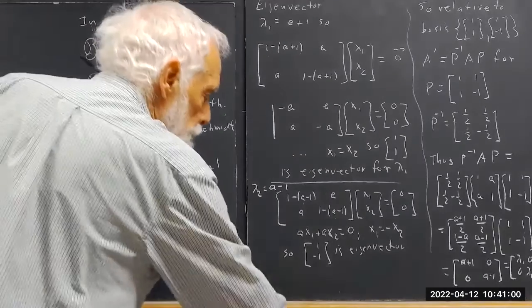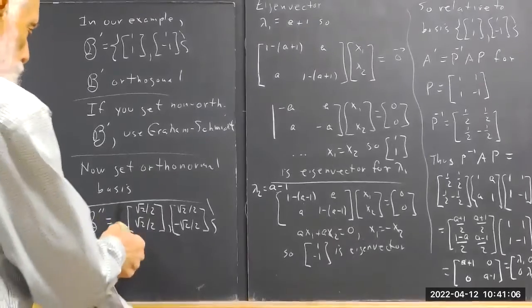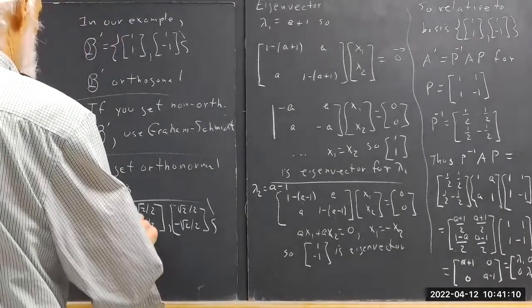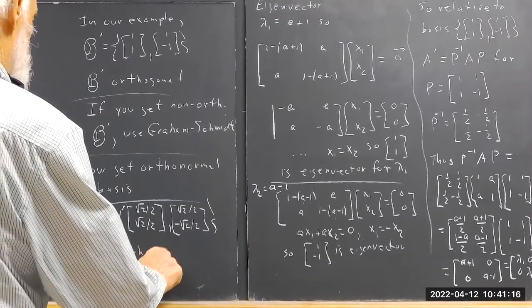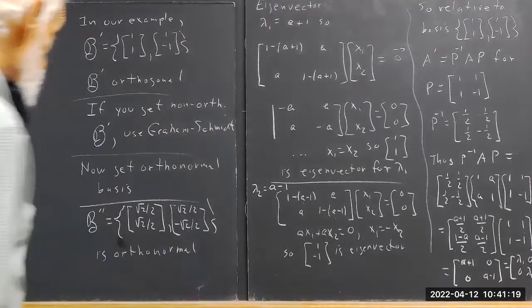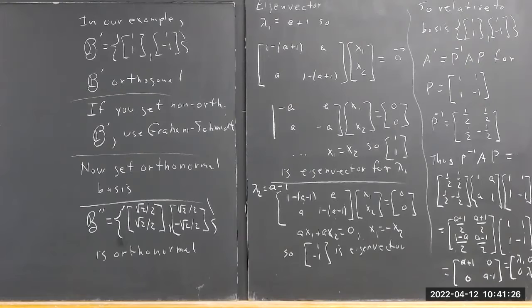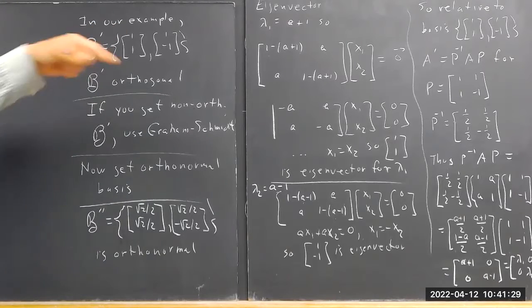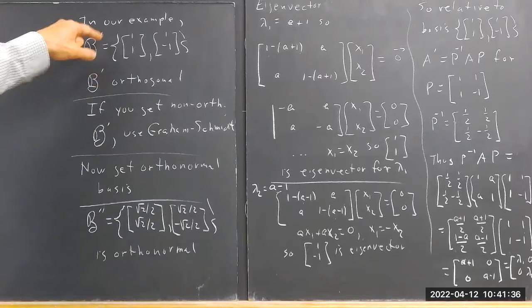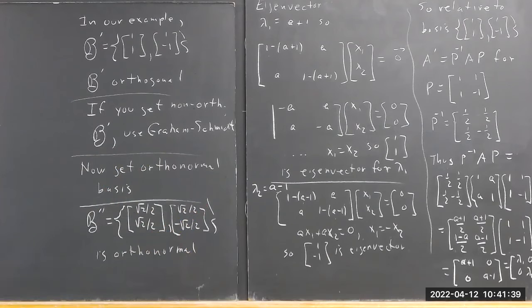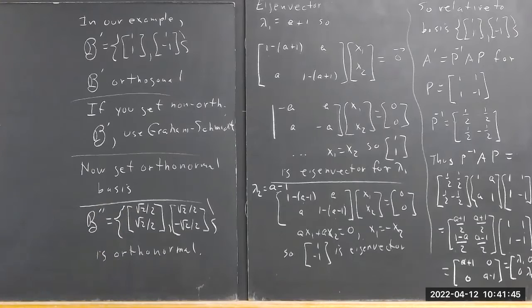This is orthonormal. How do you get an orthonormal basis? If you've got an orthogonal basis, you just divide every vector by its magnitude. The magnitude of this vector is the square root of 2. The dot product of this with itself is 2, and the square root of that is the square root of 2. Or just think of it as a theorem. Okay, so this is orthonormal.